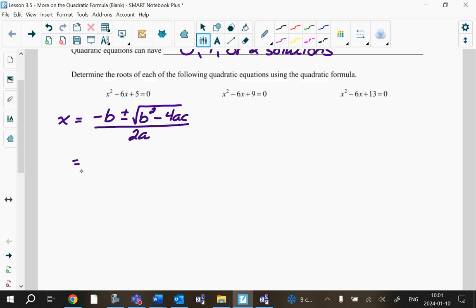So we get negative 6 plus minus negative 6 in parentheses. Whenever you put a negative in, you've got to use parentheses. It will always be a communication error if you forget them. Minus 4 times a, which is 1, times c, which is 5, all over 2 times 1.